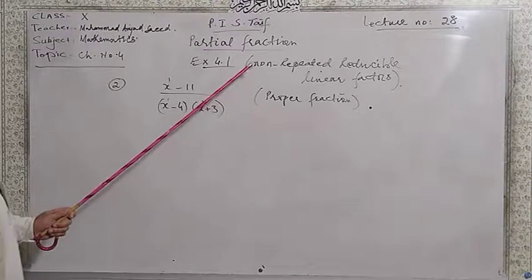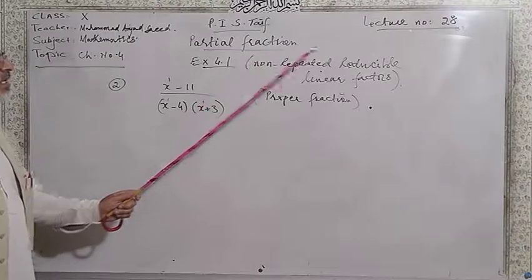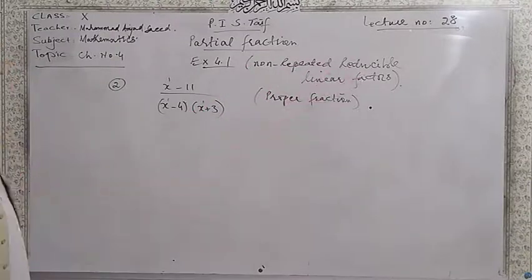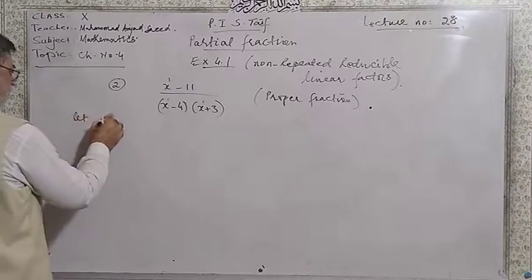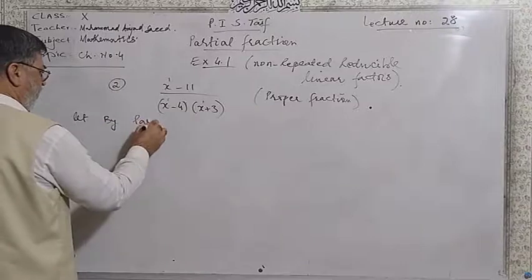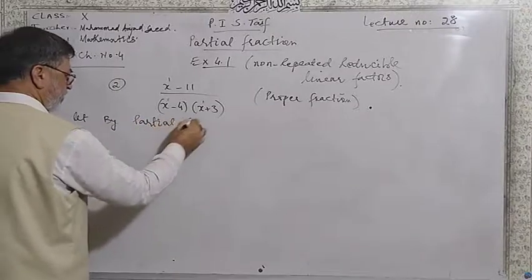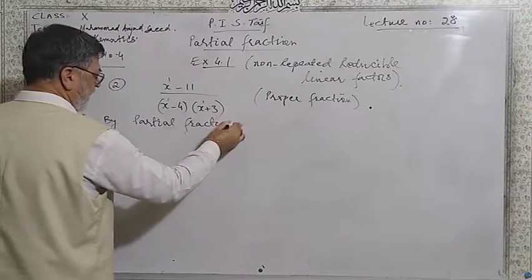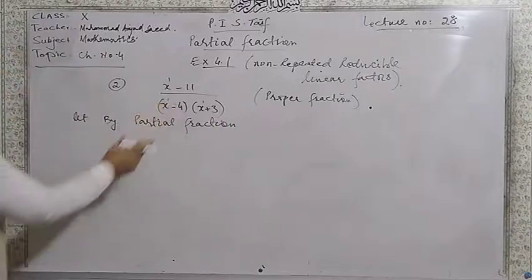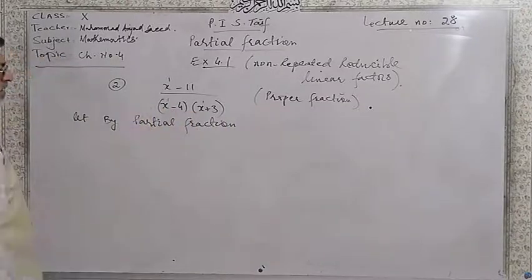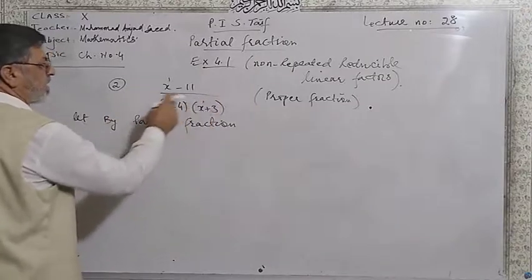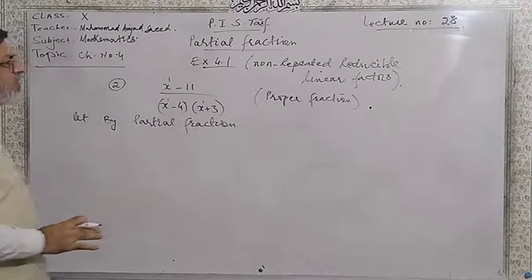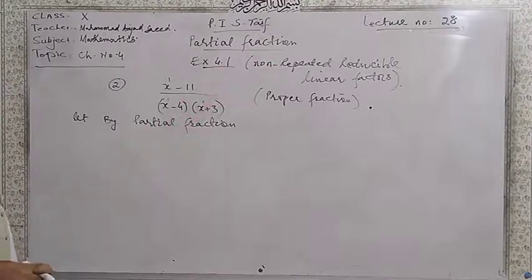Here is exercise 4.1, non-repeated reducible linear factors. We can solve it by partial fraction. In this case, when we have linear factor in denominator and there is no power on brackets other than 1, that is known as non-repeated.